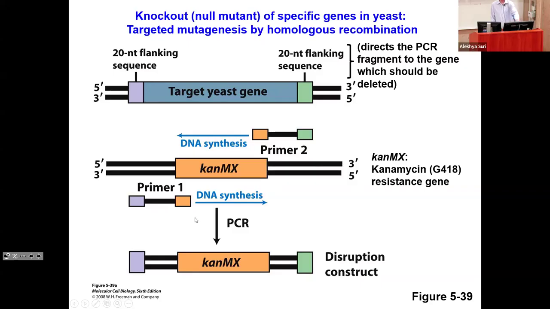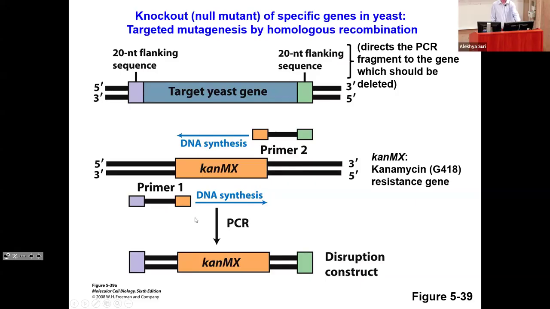This is shown at the top, the target yeast gene. In purple and green is the site where the primer sequence has homology, and the goal is to replace the blue intervening sequence with a marker gene.